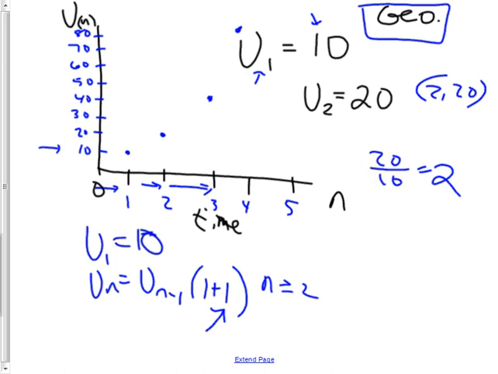See if you can handle this one. I have $1,000. I put it in the bank and they give me 2% interest. Write the equation for that.